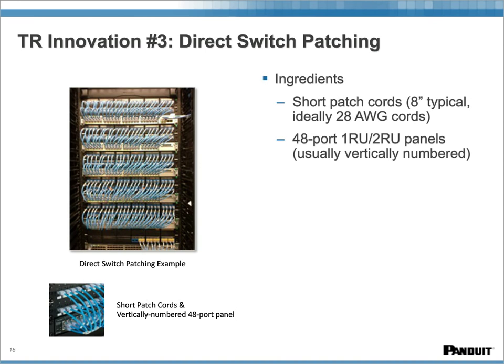Instead of the maximum bundle sizes of 48 or even higher, when using that expected 90 watt level for the PoE++, the bundle sizes would need to drop down to a bundle size of 24, for example, for the 28 gauge cords, to allow that heat dissipation, because the cords being smaller puts the potential heat elements closer together, and therefore we need a little more airflow around the bundles.